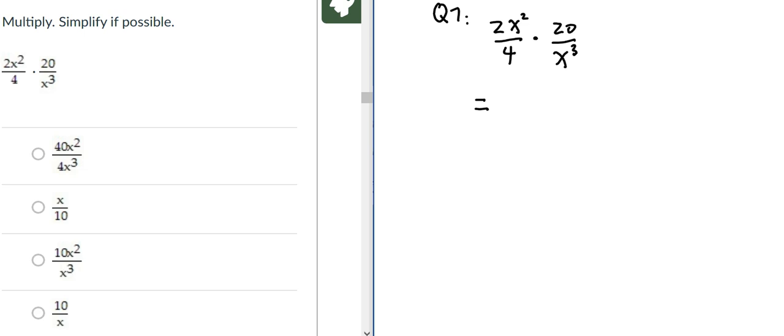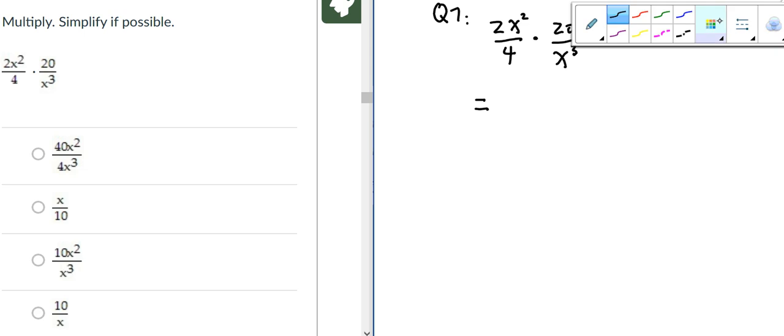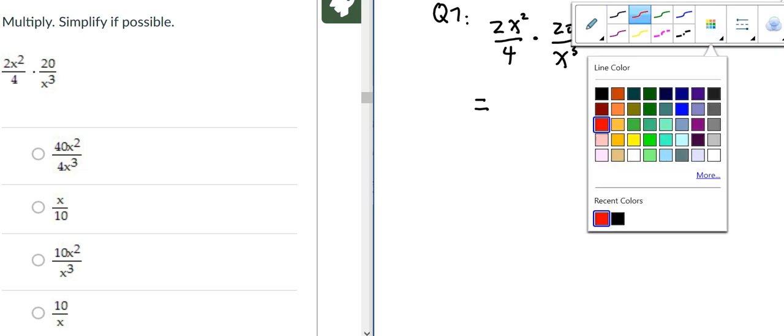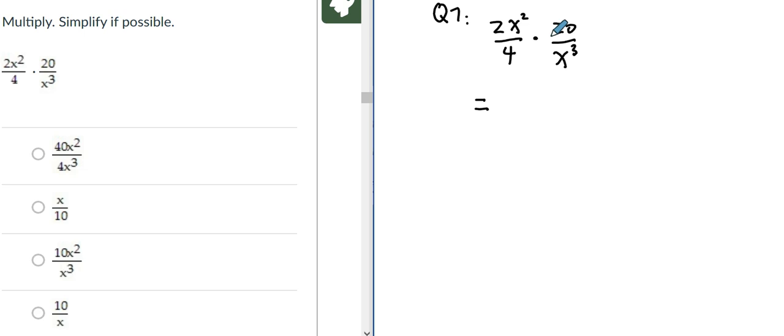For example, you may consider here you may cancel 2 with 4, but there is a 2 left. And then you may just write step by step. You may do more steps. Okay? See?